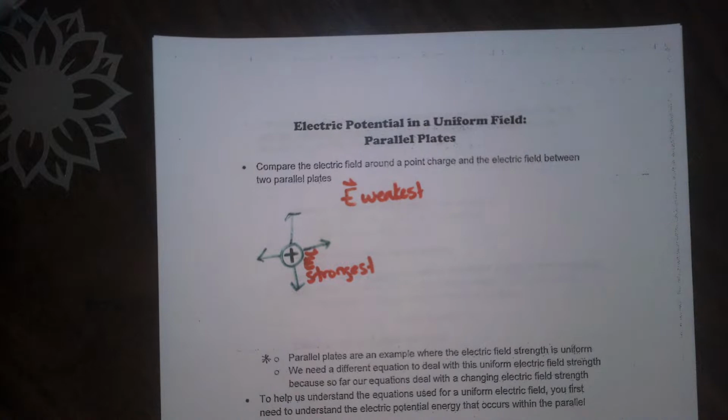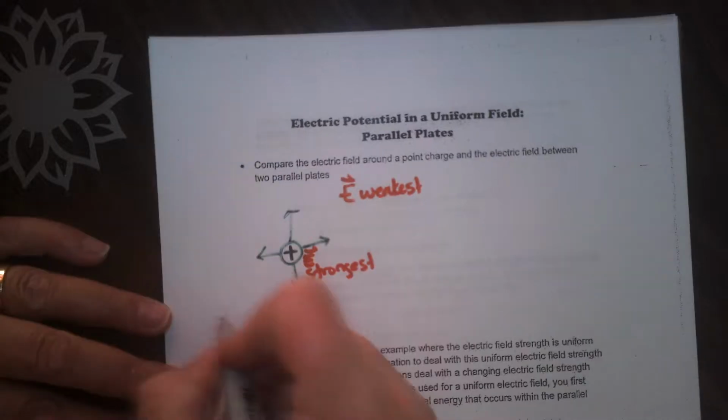As R gets bigger and we then square it, it gets exponentially smaller. Okay? So it depends on the distance.